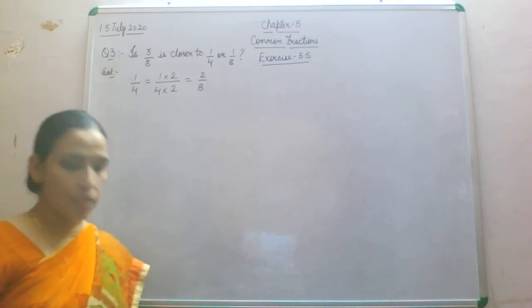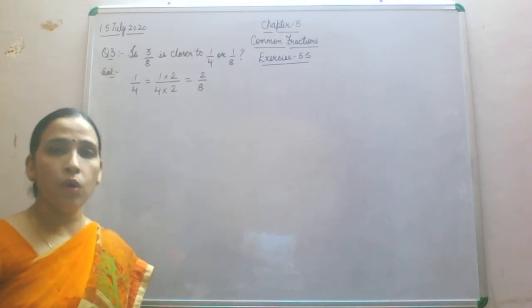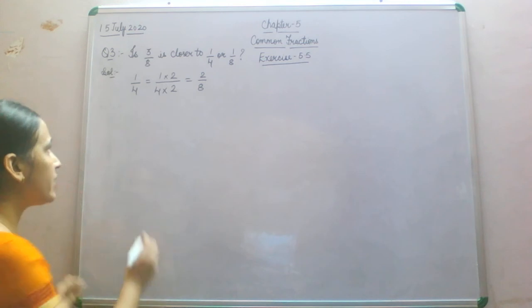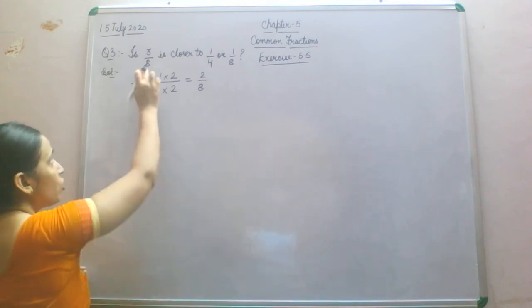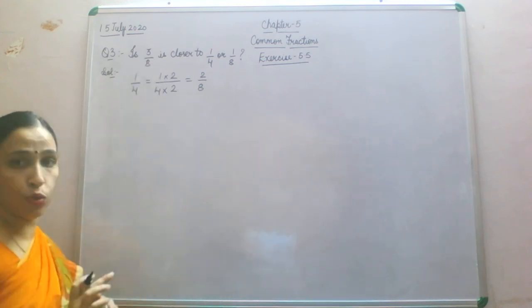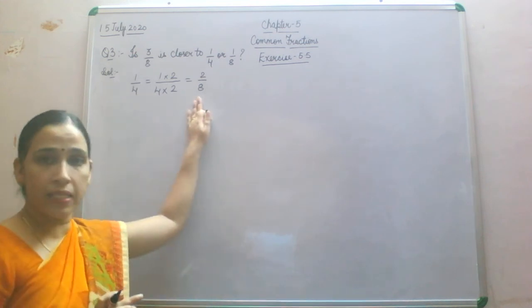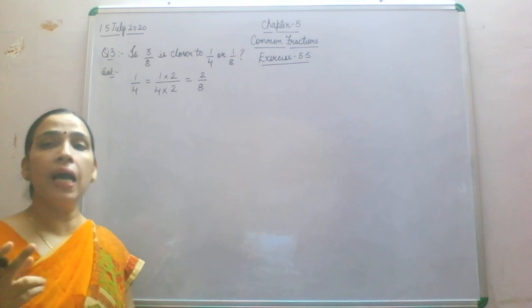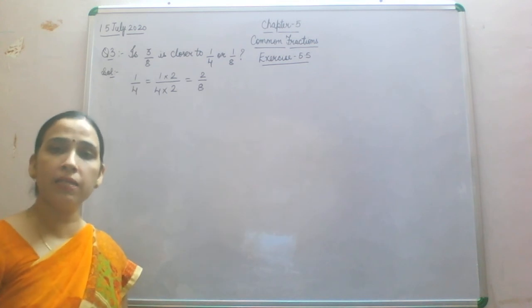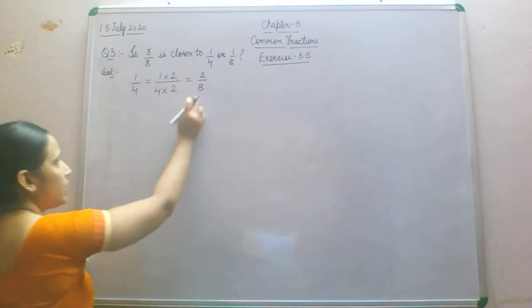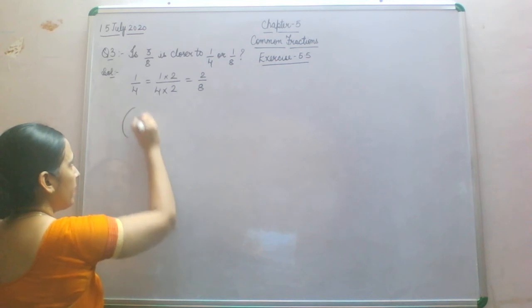Now which fraction is closer to it? Now what do we have to do next? Now we will start our comparison part. First of all, 3 by 8 is given to you. Now 2 by 8 is this fraction. So what will we add in 2 by 8 to get 3 by 8? So first we will represent this 2 by 8.